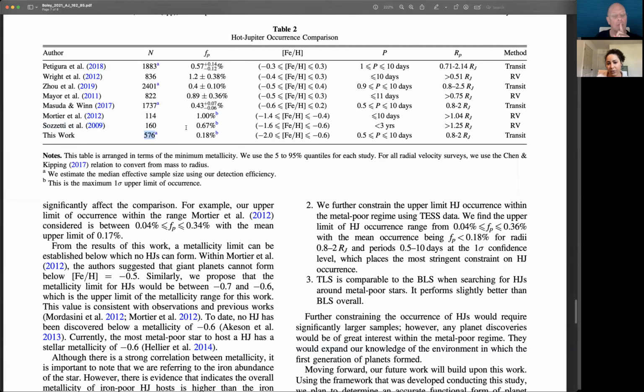And we were able to put the best upper limit on planet formation within this metallicity range of -2 to -0.6.